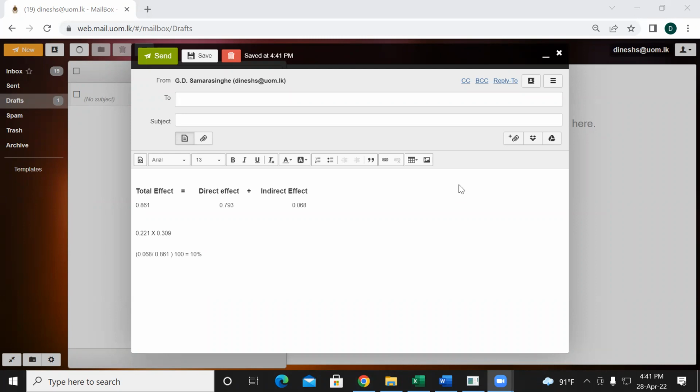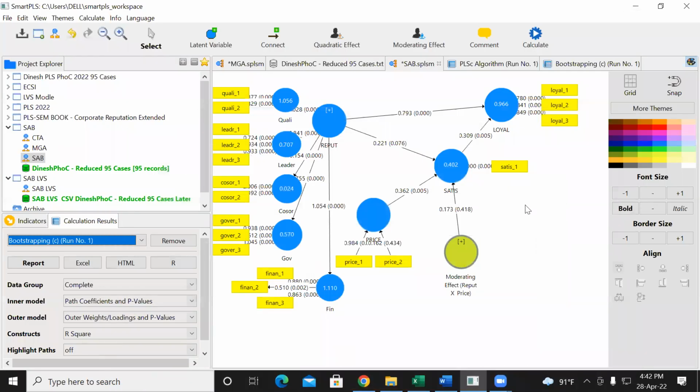Mr. Shenal, are you there? Yes, sir, I'm here. Are you okay? I'm okay, but I think we are almost certain with the direct and indirect effects. Just want to know, since we have price also, and price is moderating satisfaction, if we consider this model, sir, is it what we call a mediated moderated model?